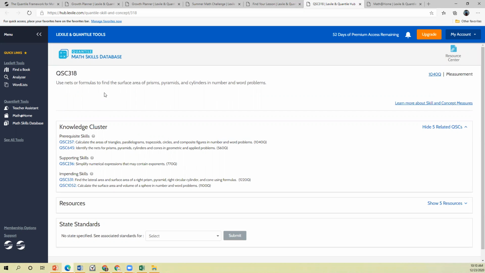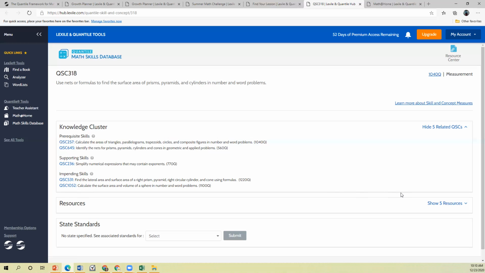So if they are struggling with our focus skill, you may need to utilize one of these resources here. Our supporting skills are related to the topic of the focus skill, but they're not dependent on having learned this focus skill. And impeding skills: if we don't learn this focus skill, finding the surface area of a prism, that will impede our students from learning these skills coming up.